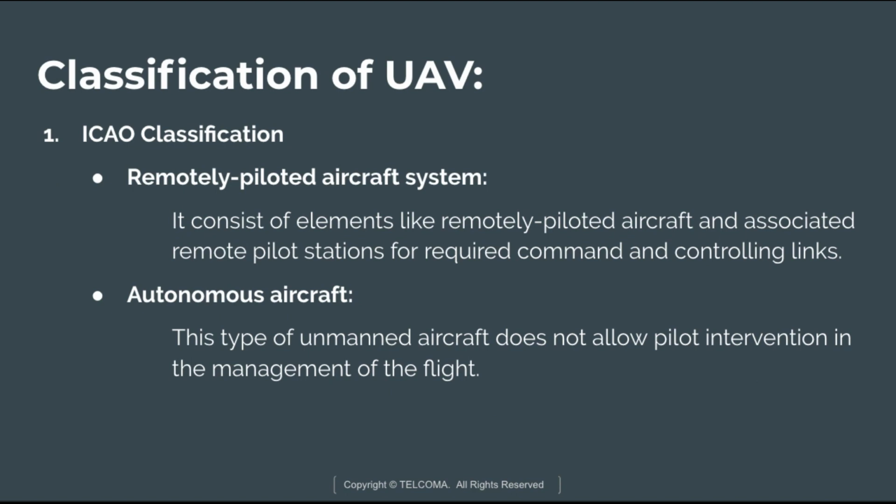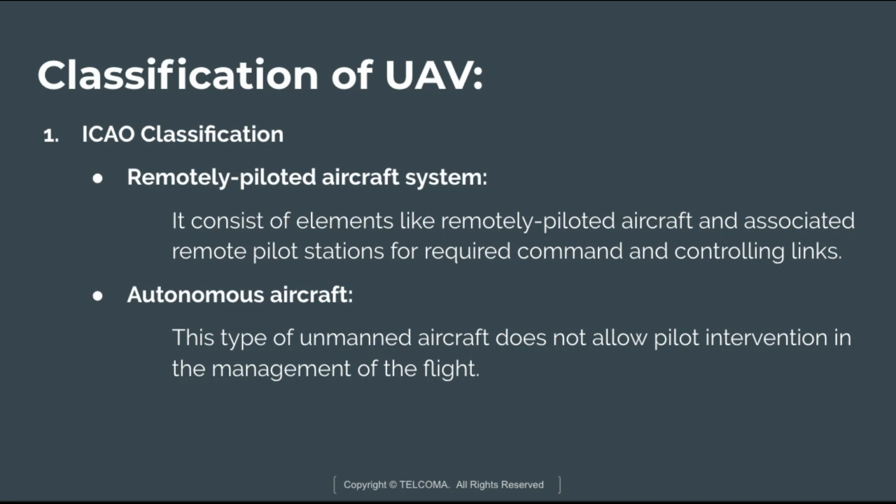Then the classification of UAV. ICAO, the International Civil Aviation Organization, classifies UAS broadly into two categories: remotely piloted aircraft system and autonomous aircraft. The remotely piloted aircraft system consists of elements like the remotely piloted aircraft, associated with the remote pilot station for the required command and control link.